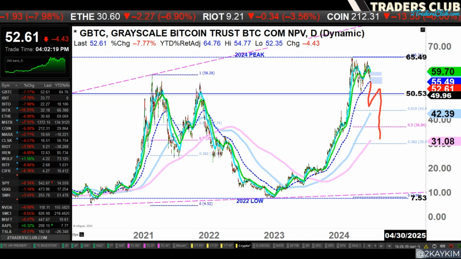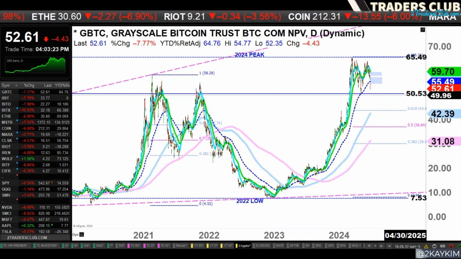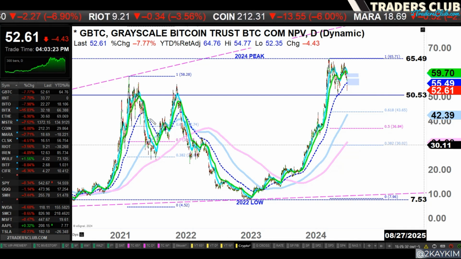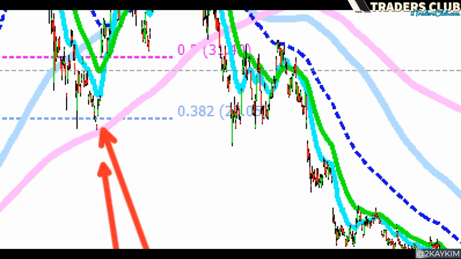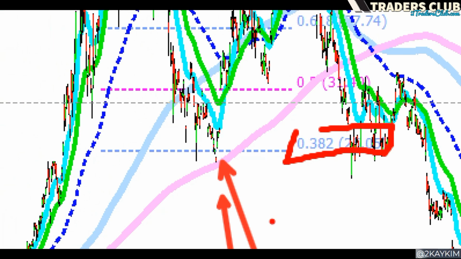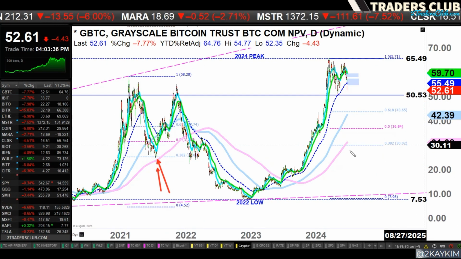If you compare it to the Fibonacci levels I put out here last time, you see my last level fib right here, coinciding with my primary term moving average. That's the thick pink moving average.